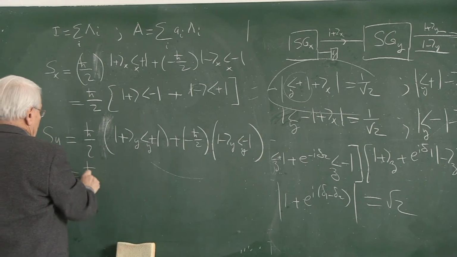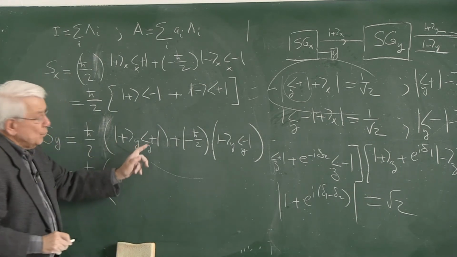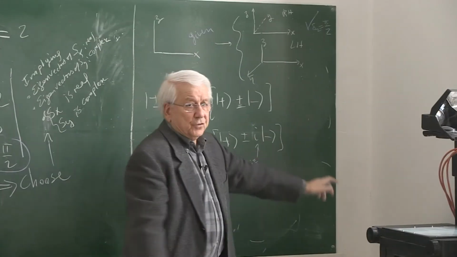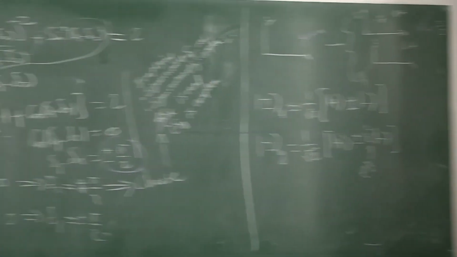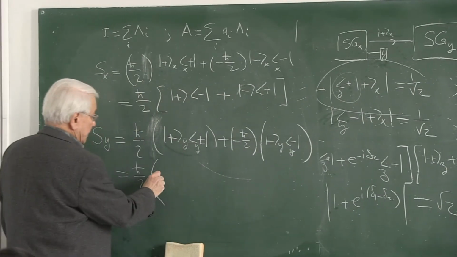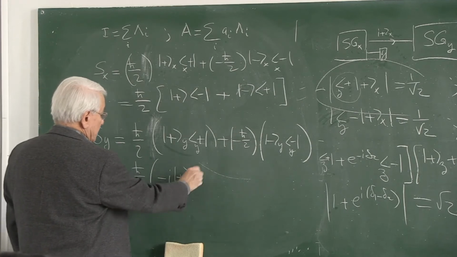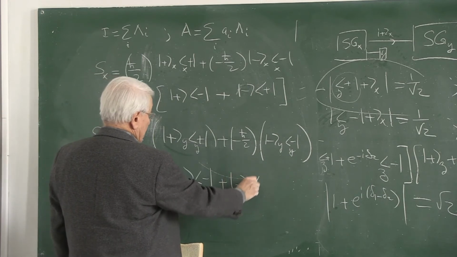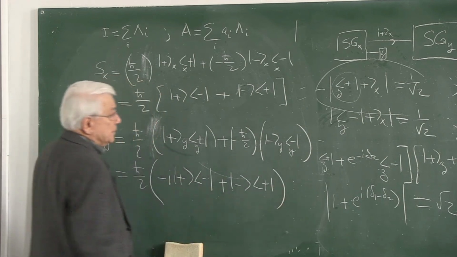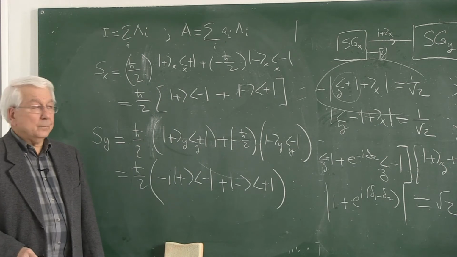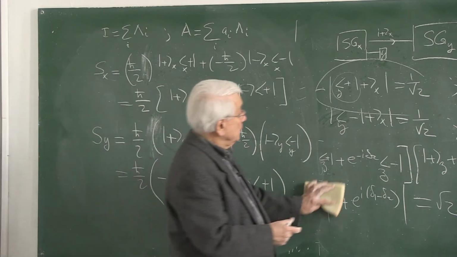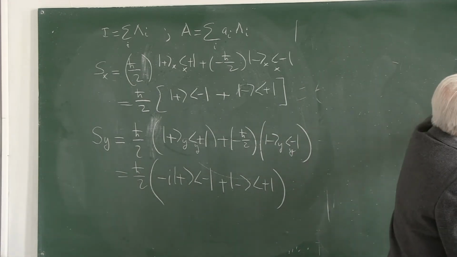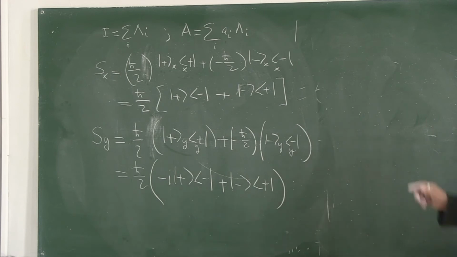Then you take h bar over 2 out and write the plus and minus y's in terms of the z's as such. You get the following. At the end, the result I'm writing in the z basis. I invite you to fill in that gap, which wouldn't take any of you more than 5 minutes.